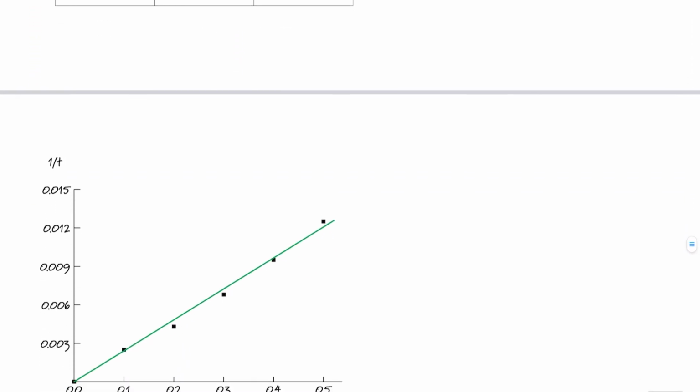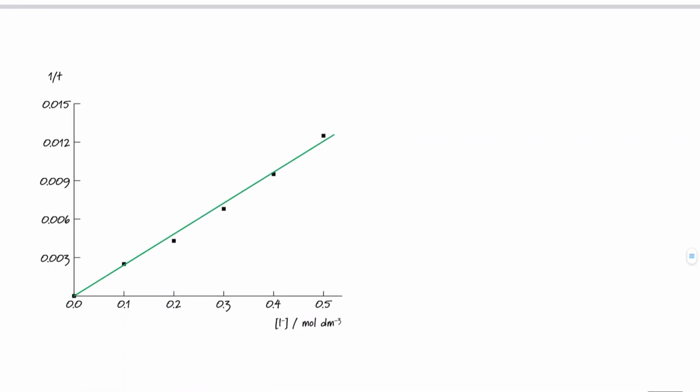And remember, 1 over T is a measure of our initial rate of reaction. And when you do that, we can see that we get a straight line passing through 0. We have a proportional relationship between the rate and the concentration of iodide ions, which means it's first order with respect to iodide ions.